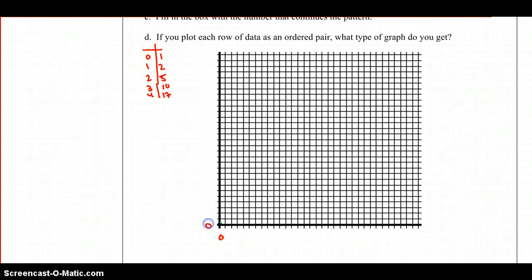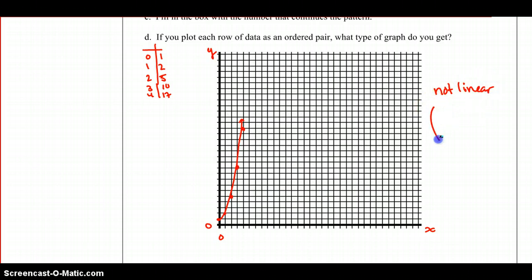So again, here's 0, 0, X, and Y, and so if we plot the point 0, 1, and then 1, 2, 2, 5, and now already we should be able to see that this is not linear, and then 3, 10, again, definitely not linear, and then 4, 17. And we're starting to see kind of a curve to this data. Okay, so this is not linear. And actually later we're going to see that we're going to get something that is called a parabola.